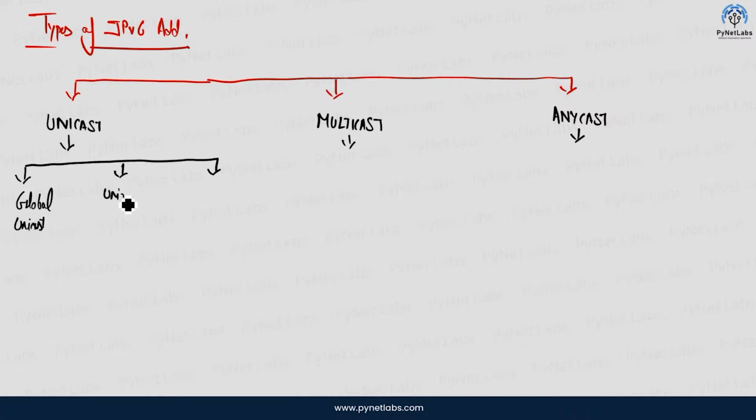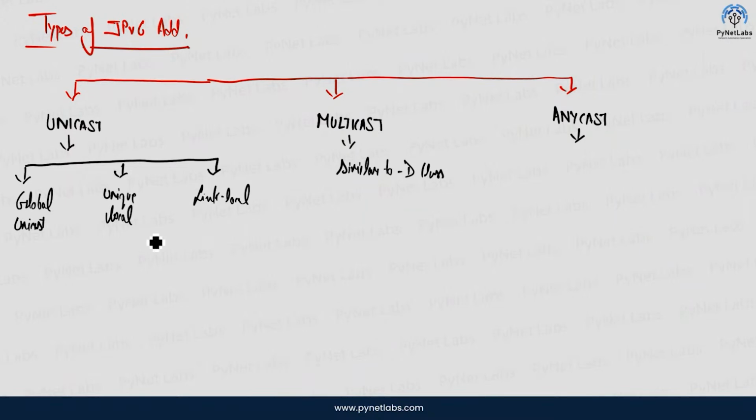Second category we have is unique local address. And last we have your link local address. And when I say multicast, it is similar to the D class of IPv4. And Anycast, I'll explain with an example.